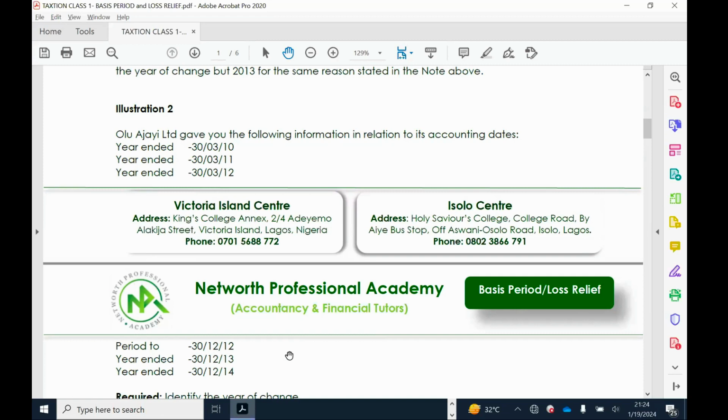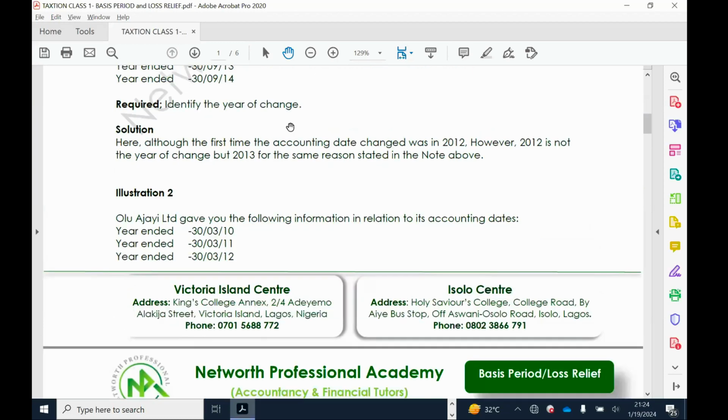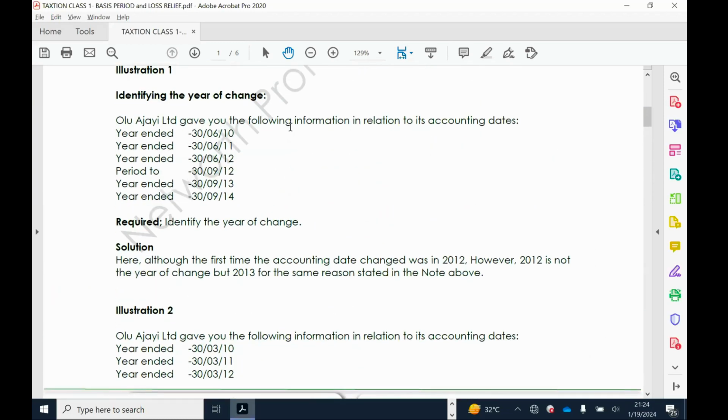I even want to take us back to the first illustration. I want to ask that, since we're choosing, the law says that for us to be able to conclude that a particular year is a year of change, it must contain at least 12 months.